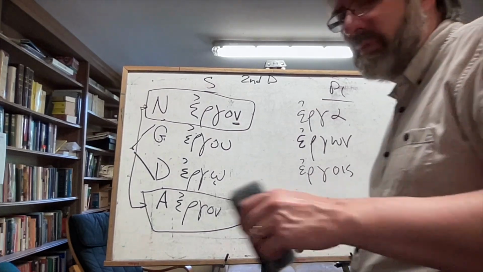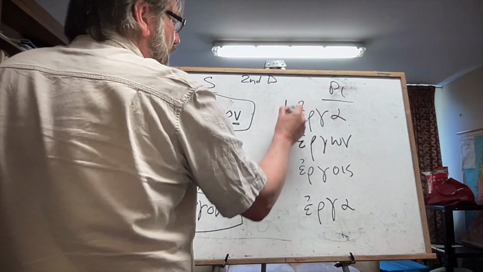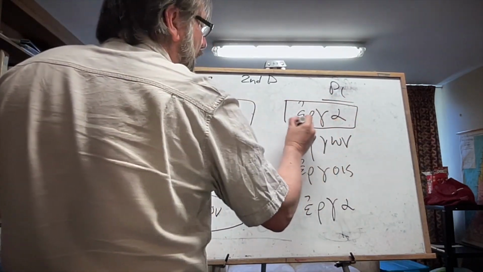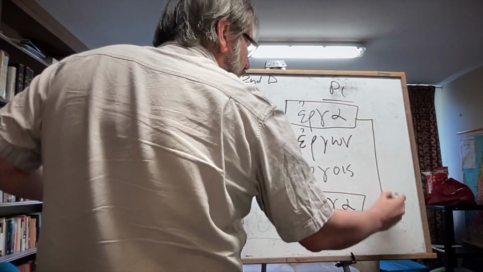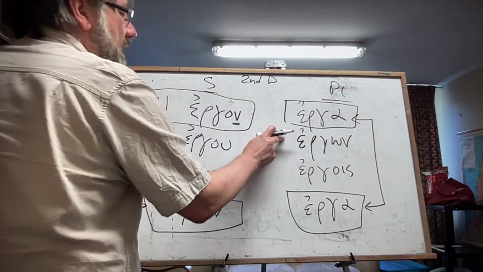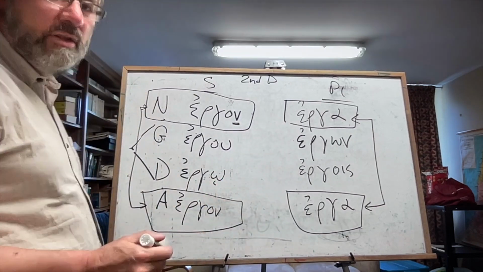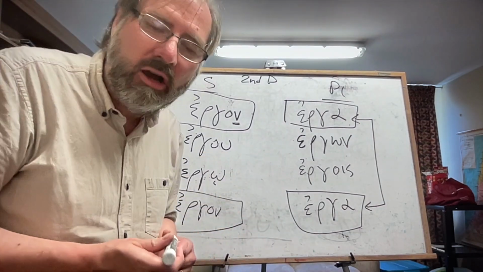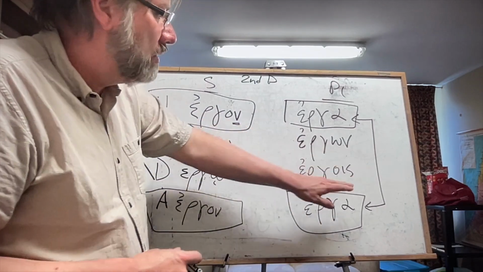Again, notice that the nominative and the accusative forms are exactly the same, and the dative and the genitive forms in the plural are just like what we saw in the masculine second declension nouns, ergon and ergois.